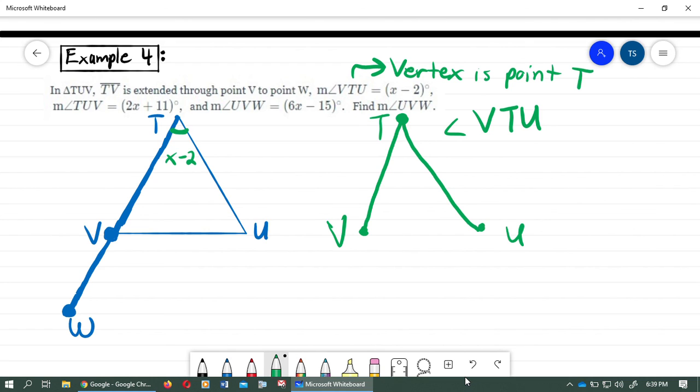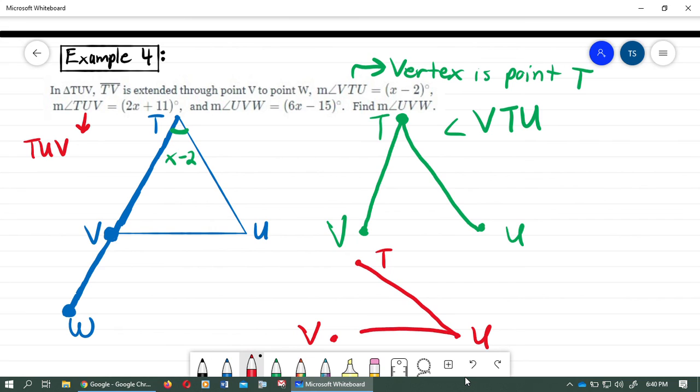Okay? All right, angle TUV. This one has the vertex of U. Angle TUV should have a vertex of U. And again, folks, if you just follow those 3 points, T, U, V, and draw, connecting the dots from T to U to V, you can see what the angle looks like.